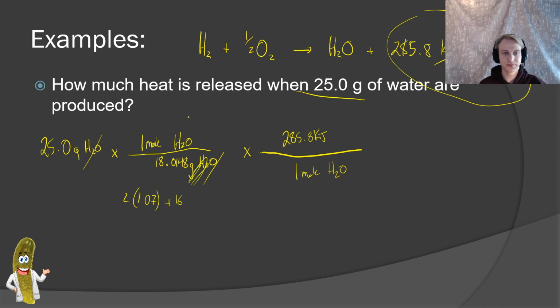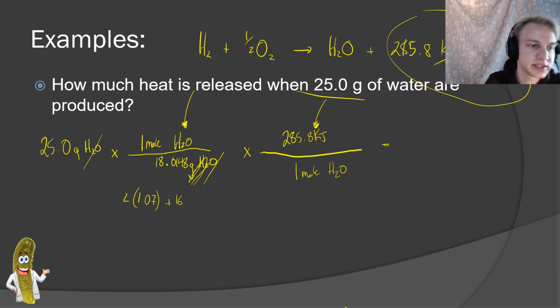Similar to what we do here, where yes, we are dividing by 18.0148 and multiplying by 1, but we said that entire fraction, 1 mole of water, was equal to 18.0148 grams of water. In the same way, 285.8 kilojoules is equal to 1 mole of water.